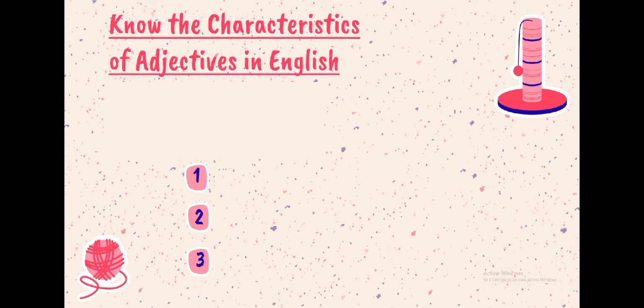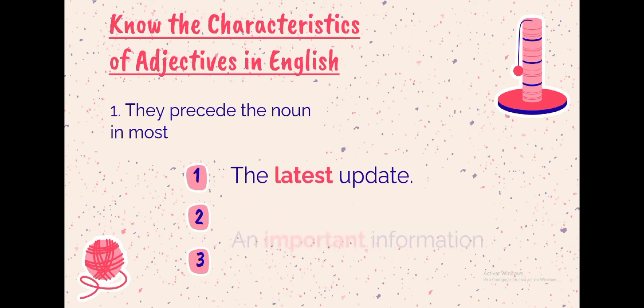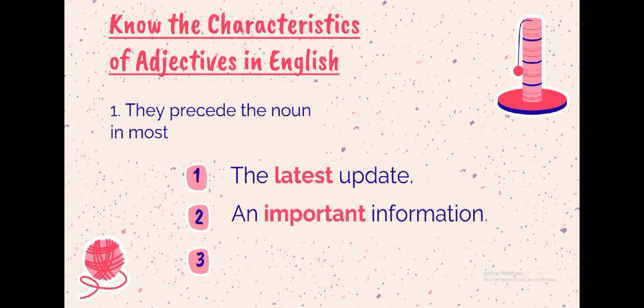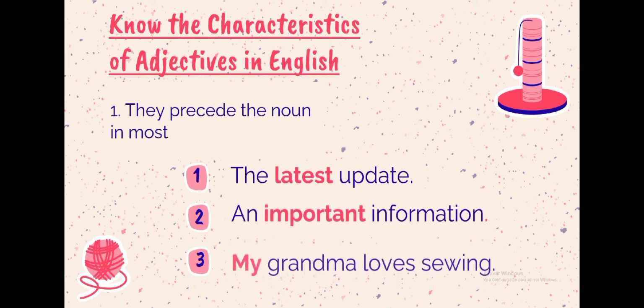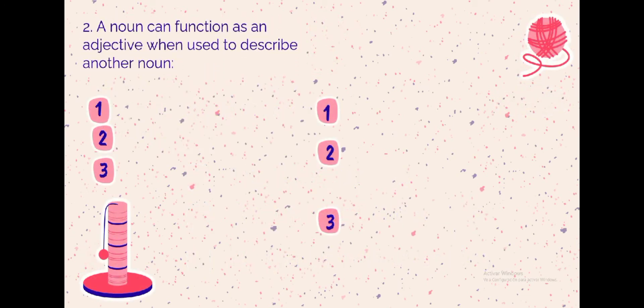Now, the characteristics of adjectives in English. 1. They precede the noun in most cases. Example: the latest update, an important information, my grandma loves saving. 2. A noun can function as an adjective when used to describe another noun.